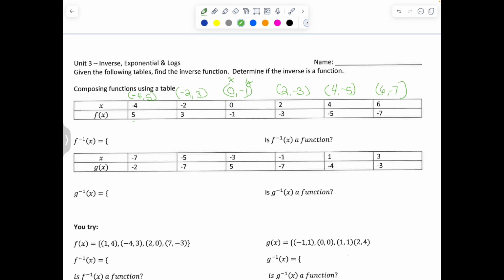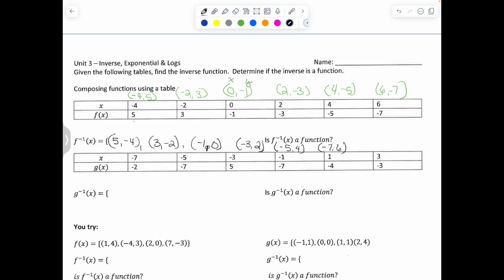So this is the function f of x. What does its inverse look like? We just exchange the x and the y values. So the inverse would have the ordered pairs (5, -4), (3, -2), (-1, 0), (-3, 2), (-5, 4). Notice I'm just exchanging the x and the y value.